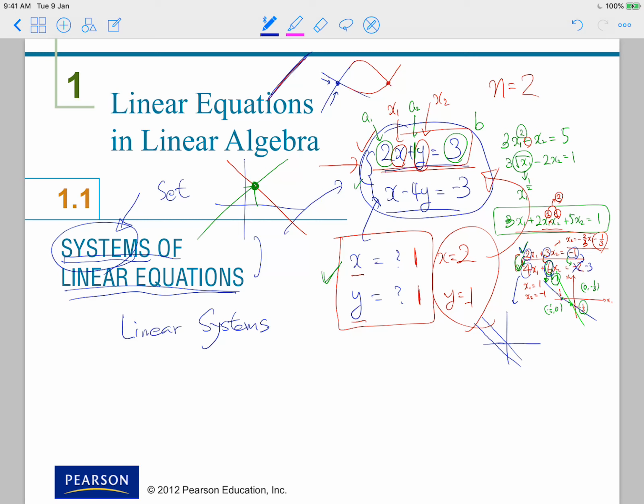The number of solutions that simultaneously satisfy all the equations is either no solution, or 1, or infinitely many. So far there are only 3 possible cases.